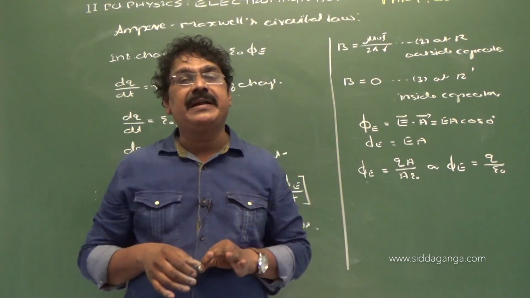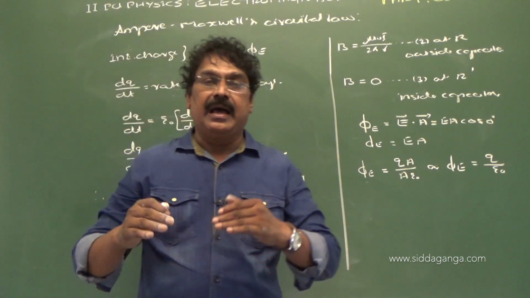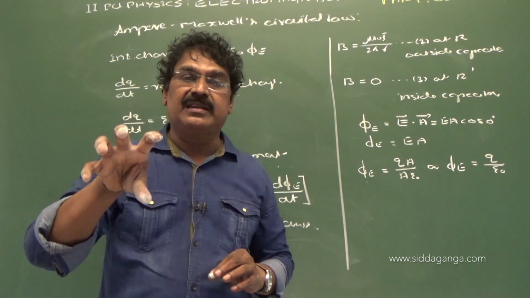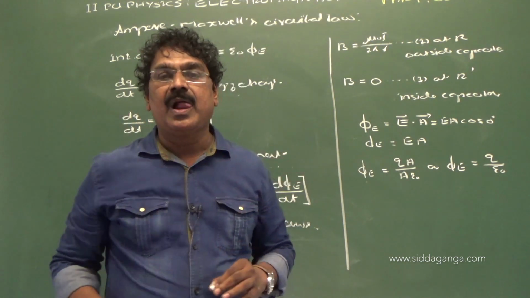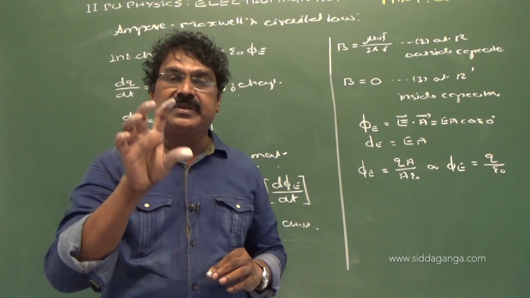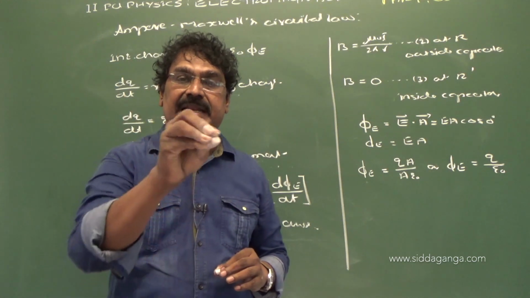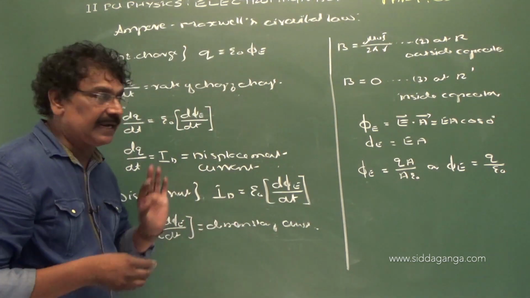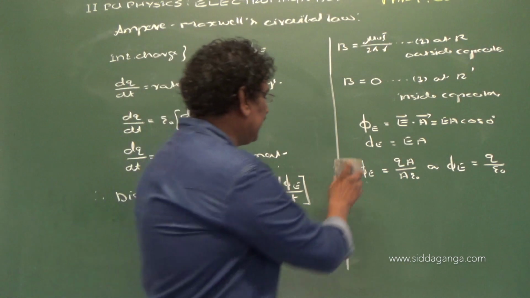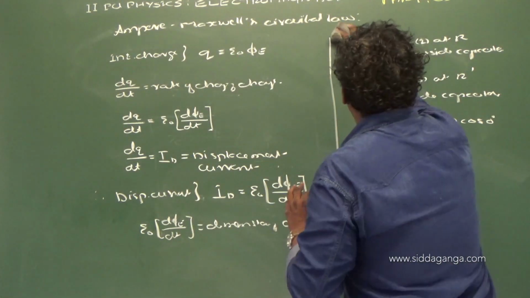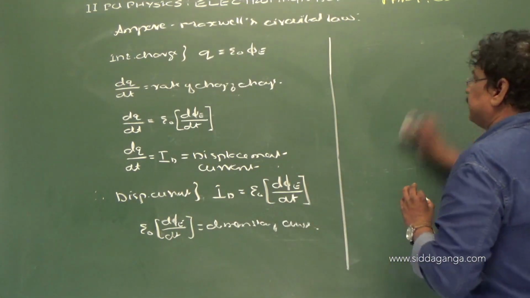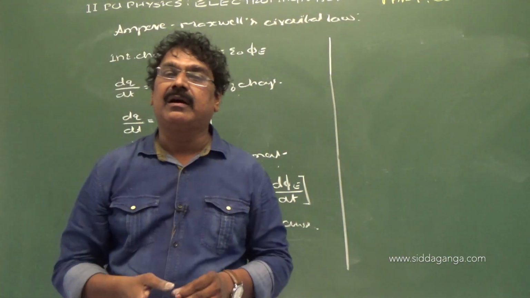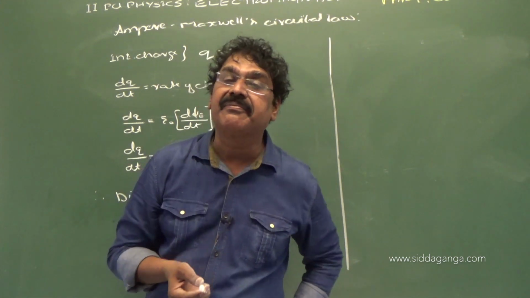But the displacement current arises due to the rate of change of electric field or the rate of change of electric flux in a region, and that is displacement current. Now, it is clear that there is a current flowing between the plates of the capacitor due to the rate of change of electric field.